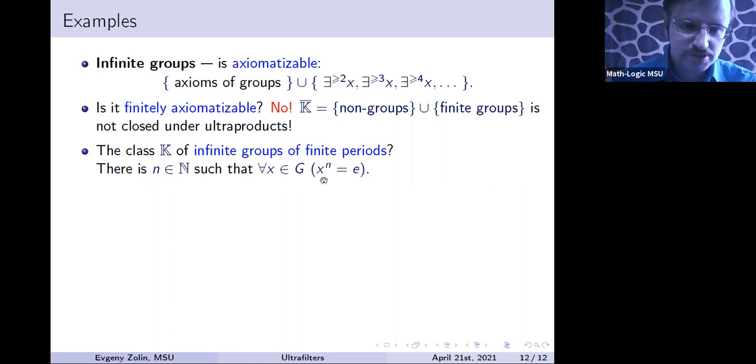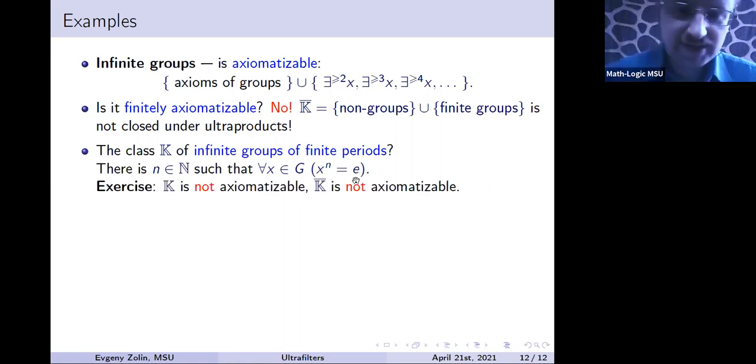Consider all groups that are infinite, but still every group has a finite period. So there is a number n such that all elements of our group to the power n give us the unit. It is an exercise to show that neither K is axiomatizable nor its complement is axiomatizable.